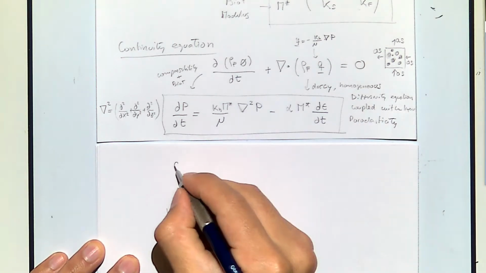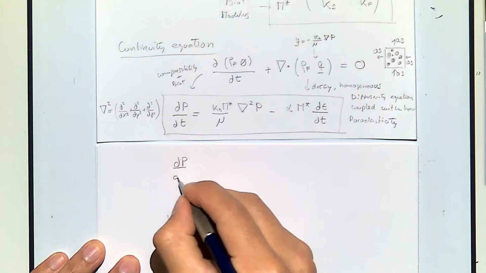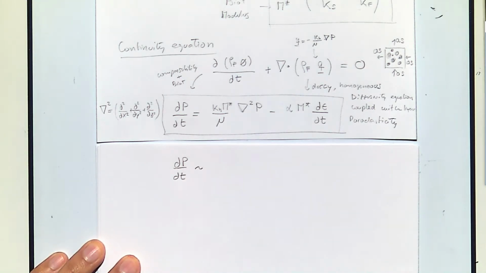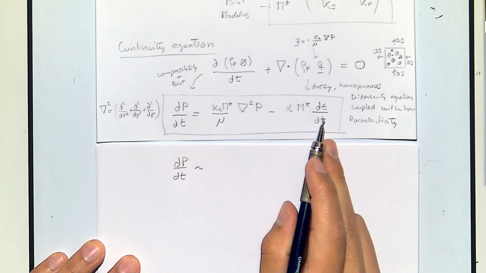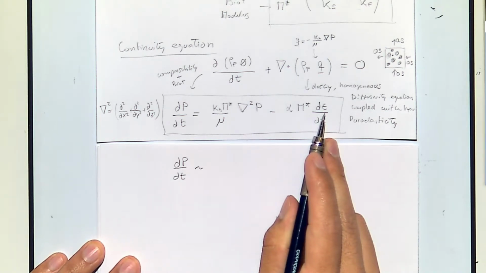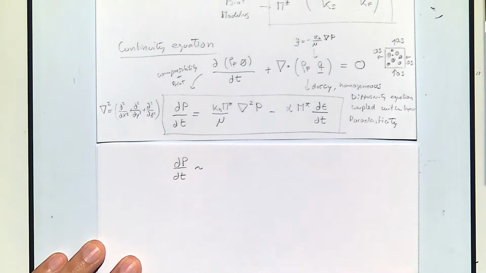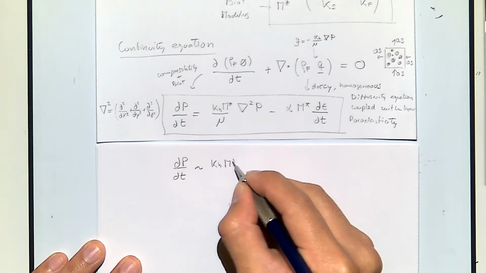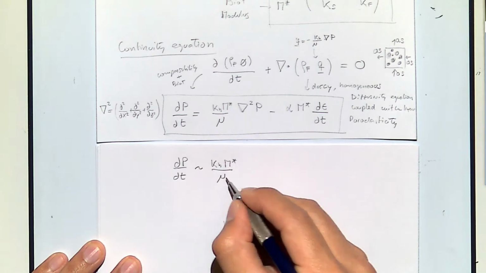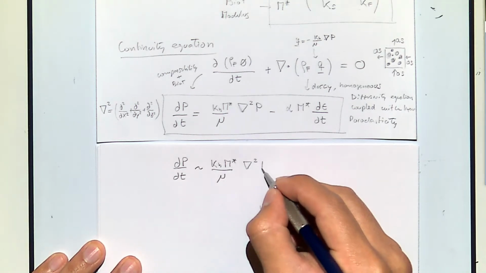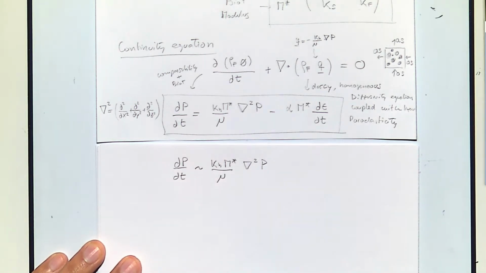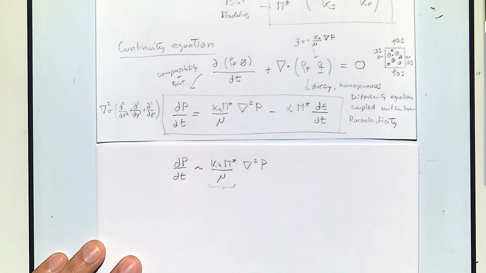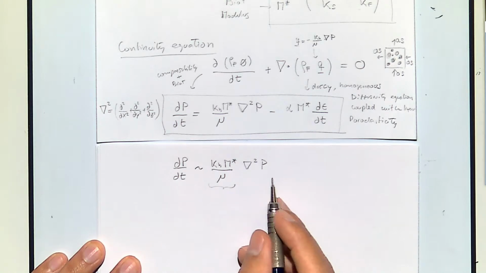If I want to simplify this for just the diffusivity part, I could disregard the variation of volumetric strain and say that this is just equal to the first part. What does this equation look like?